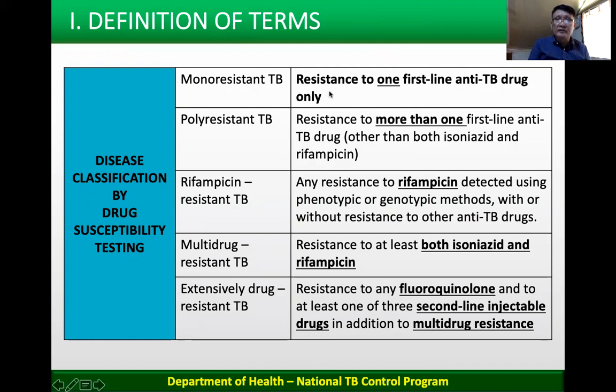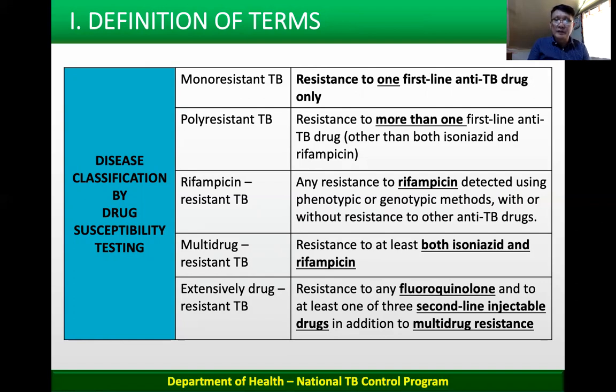So this is resistance to one first-line anti-TB drug. Now another definition is polyresistant TB. This is resistance to more than one first-line anti-TB drug, but other than both isoniazid and rifampicin.